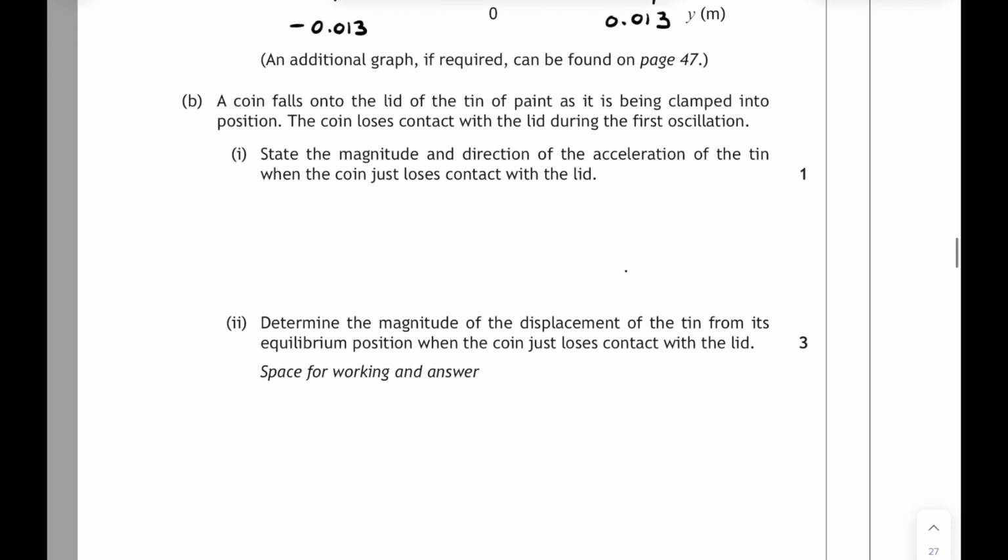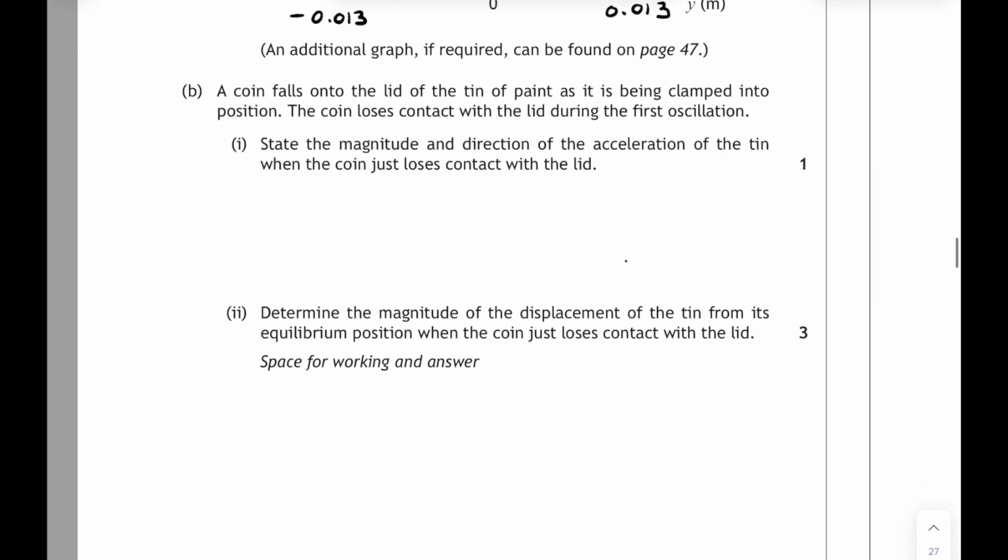Part B, a coin falls onto the lid of the tin of paint as it's being clamped into position, and the coin loses contact with the lid during the first oscillation. We have to state the magnitude and direction of the acceleration of the tin when the coin just loses contact with the lid. If we imagine that the tin starts oscillating and moves downwards first, the acceleration of the tin is directly proportional to its displacement.